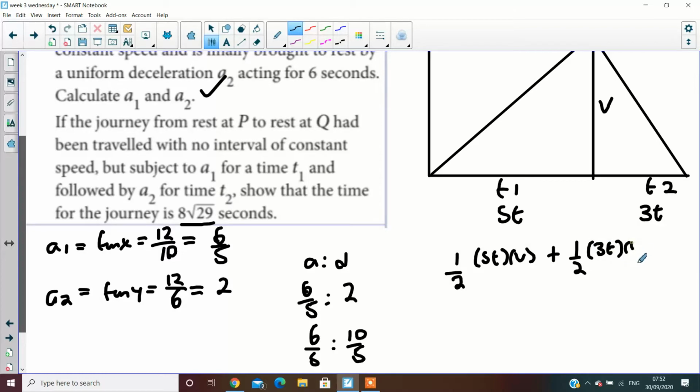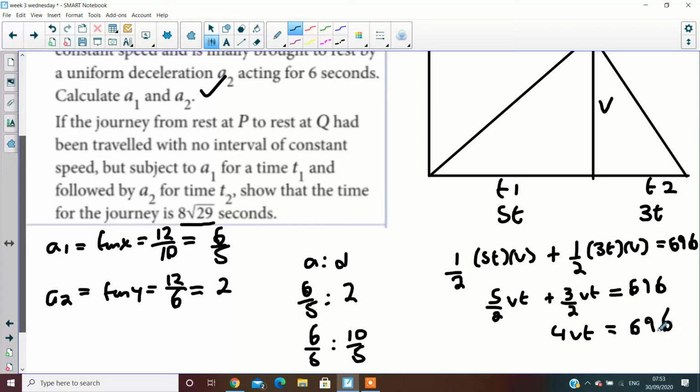And what does that equal? 696 has to equal that because the area of the graph equals the distance travelled. So what's that? 5 over 2 VT plus 3 over 2 VT, which will equal 8 over 2 VT, which would be 4 VT. 4 VT is 696. Can you divide 696 by 4 for me?